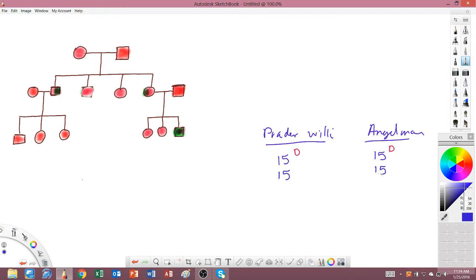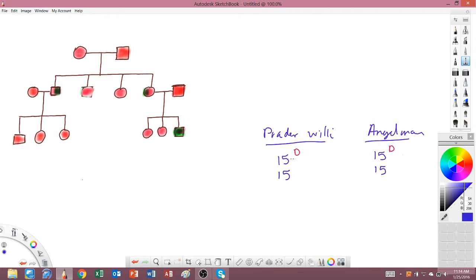Every human being is diploid. They must have 2 copies of each chromosome. Mom should have 2 chromosome 15, dad should have 2 chromosome number 15. If chromosome 15 is deleted, it's not the entire chromosome, just a piece of it, the gene. And the gene is known as the Prader-Willi gene, and here it's known as the Angelman gene.